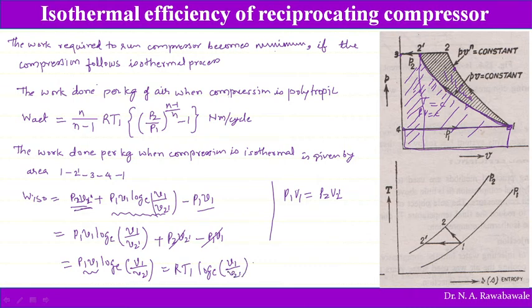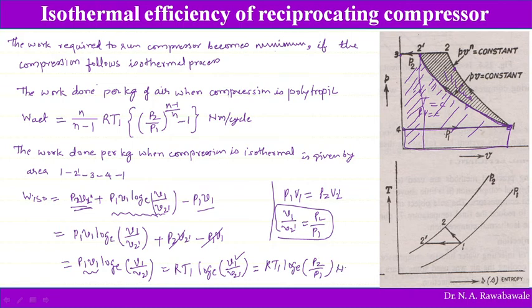Or, since V1 divided by V2 dash is P2 divided by P1, it can be written as RT1 log to the base e P2 divided by P1.